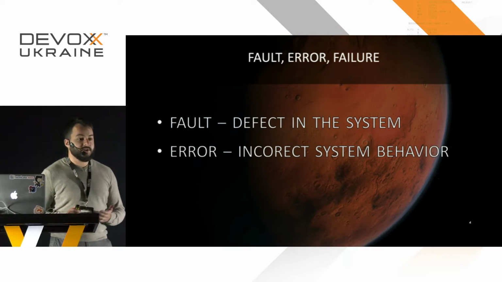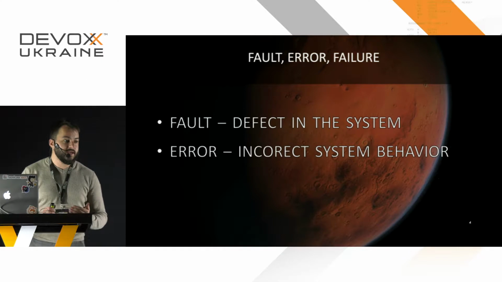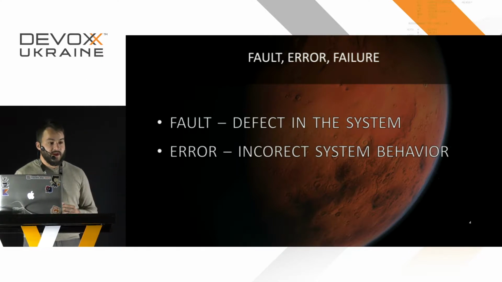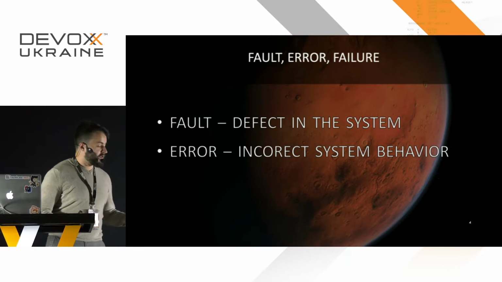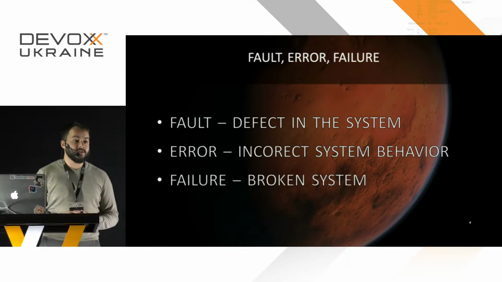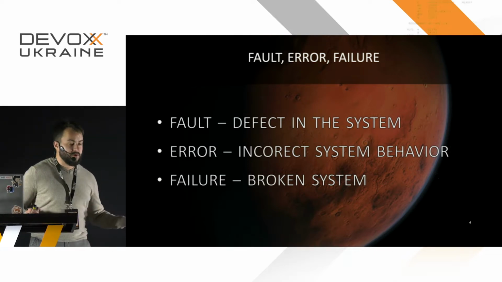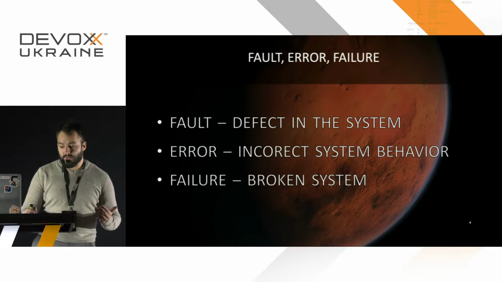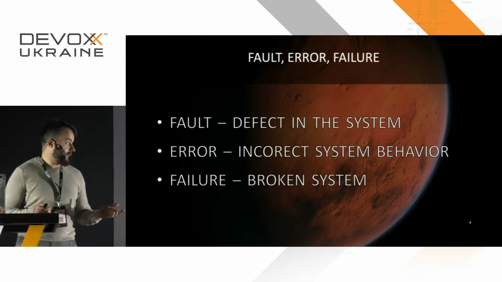An error is something that a user could observe. It's incorrect system behavior. In the case of Mars Climate Orbiter, entering the atmosphere of Mars is an error. It's something that the operators could notice. And an error can lead to a failure. A failure is a broken system, when the main functionality of your application does not work. In the case of Mars Climate Orbiter, a broken orbiter is a failure.